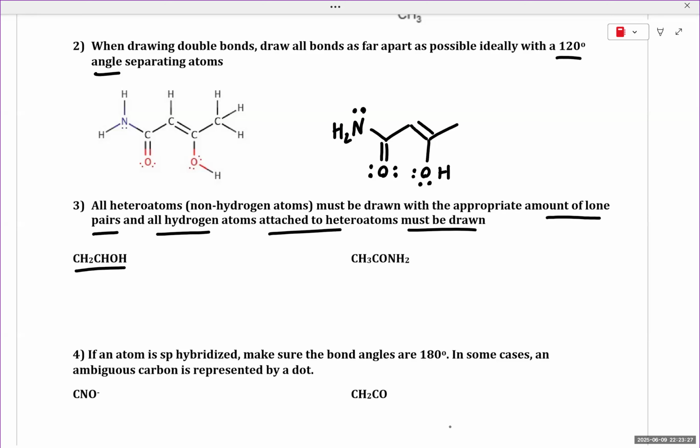So this CH2CHOH in this formula, writing it out, we have a CH2 group connected to a CH group connected to an alcohol. So this is our preliminary Lewis structure. Converting this to a bond line format would look something like this.